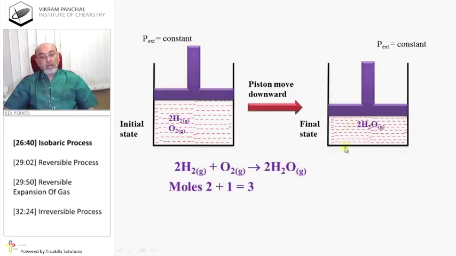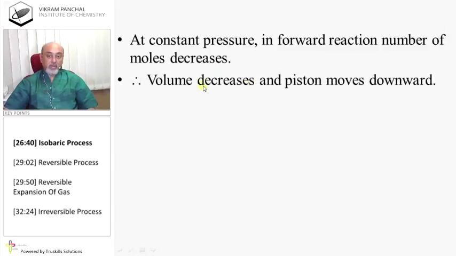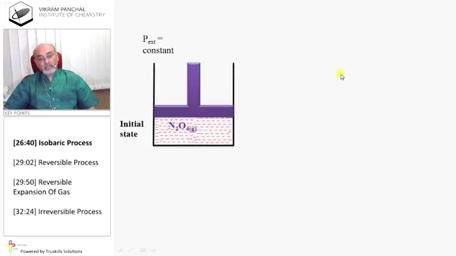So in an isobaric process, we keep pressure constant, but that will affect volume. If the number of moles of reactants and products are different, then at constant pressure in the forward reaction, the number of moles decreases. So we can say that volume decreases and the piston moves downward.